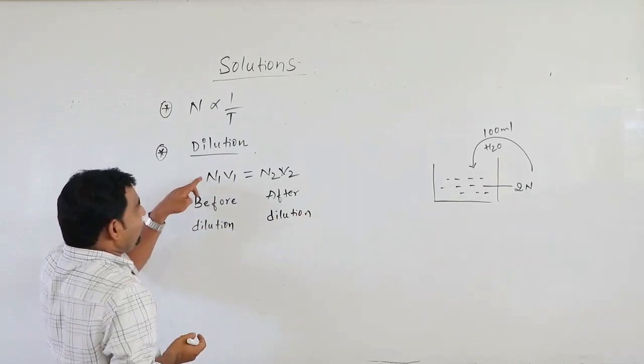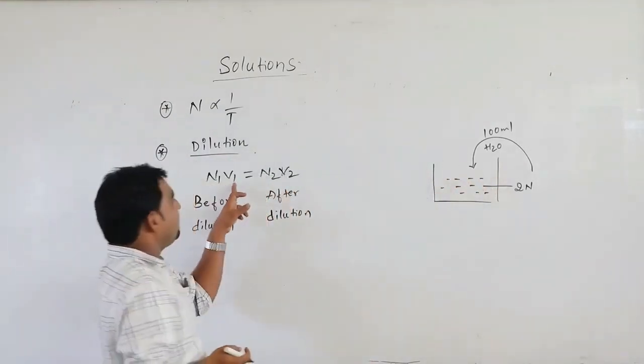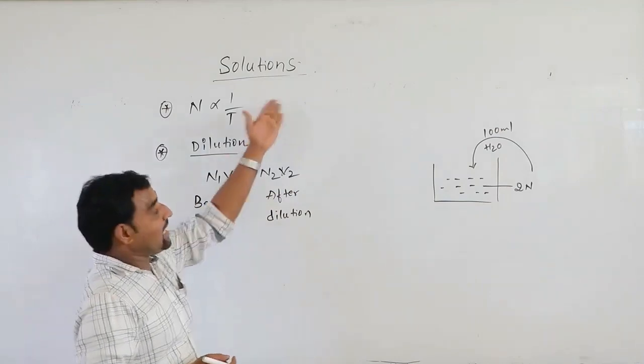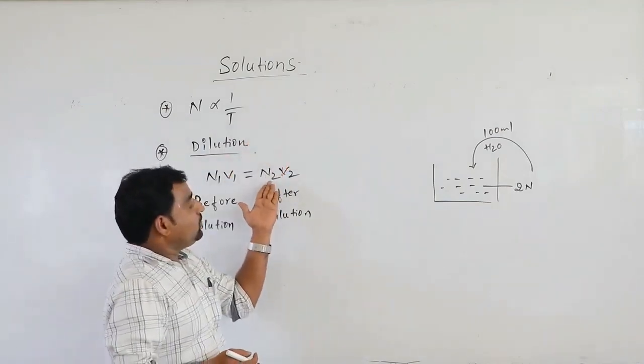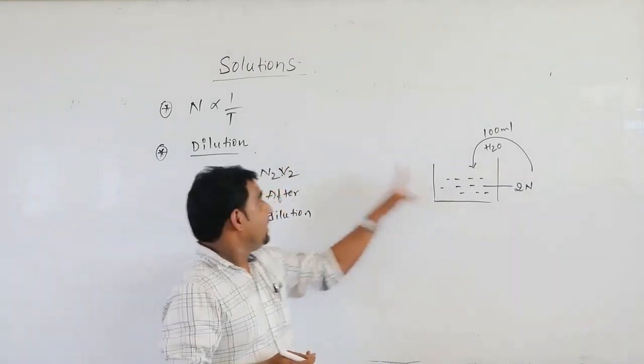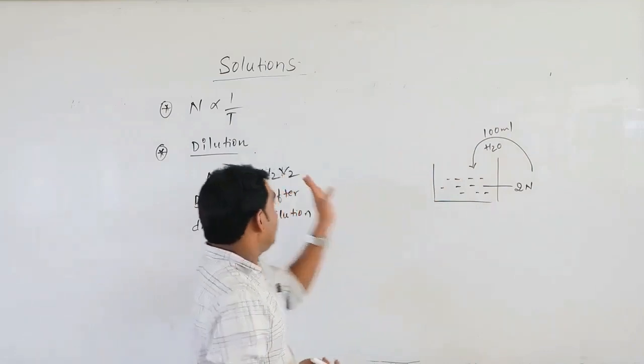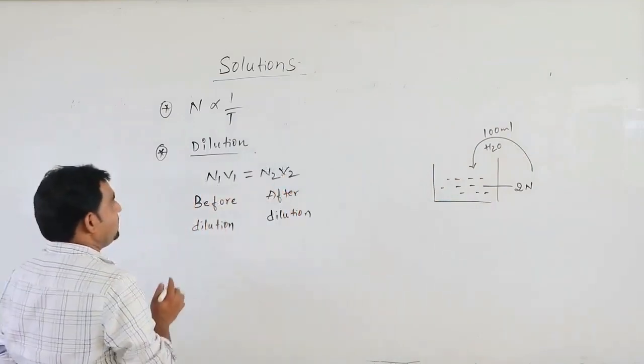Before dilution we have a normality of 2N, 2 normality, and the volume of the solution we already know, and N2 is the normality of the solution after the dilution. We have to calculate the volume of the solution, adding 100 ml. So that is the formula to calculate after the dilution.